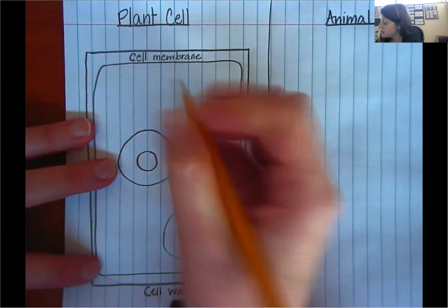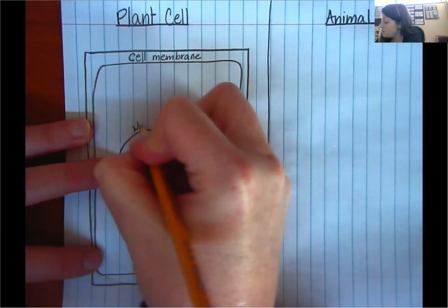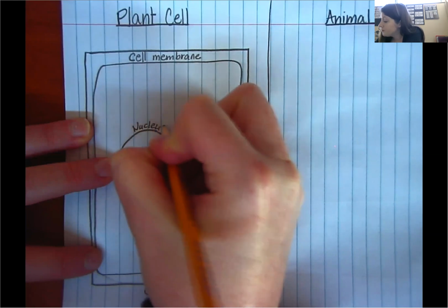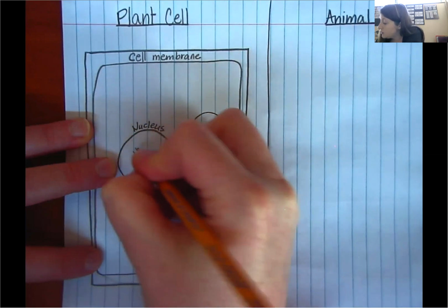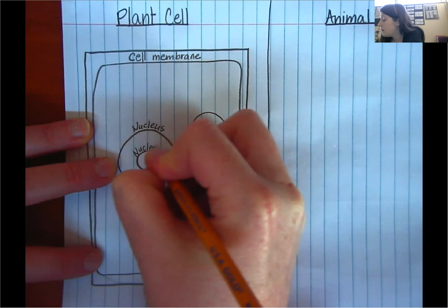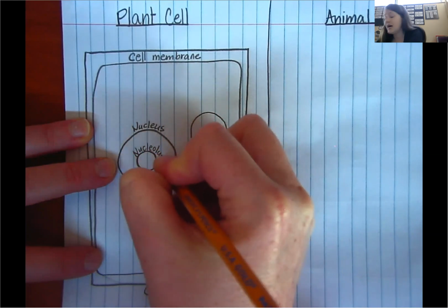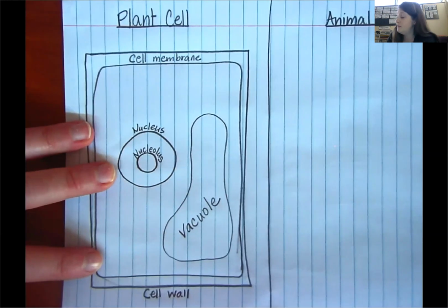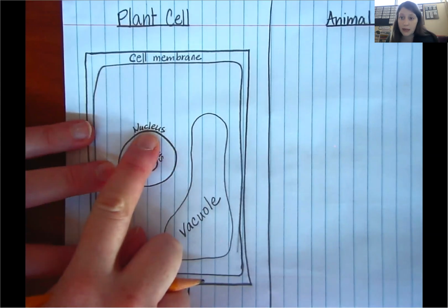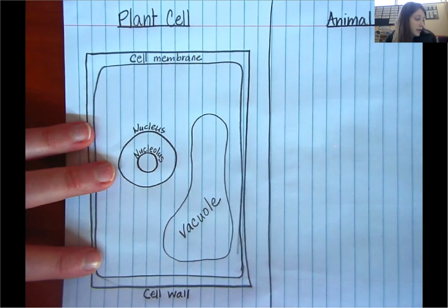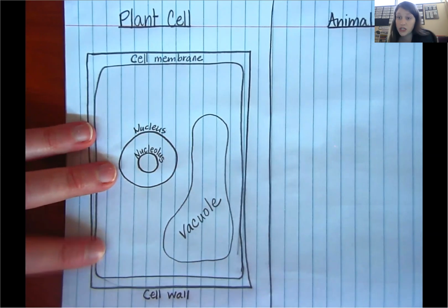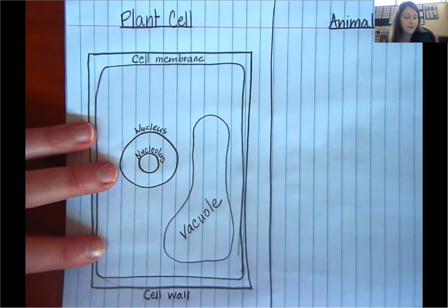So let's label this nucleus, and the small one, nucleolus. And we'll talk about exactly what they do later on, but I think you remember we've talked about it before, that DNA is contained inside the nucleus. So that's really important as well. That's the instruction manual for everything that this is supposed to be.